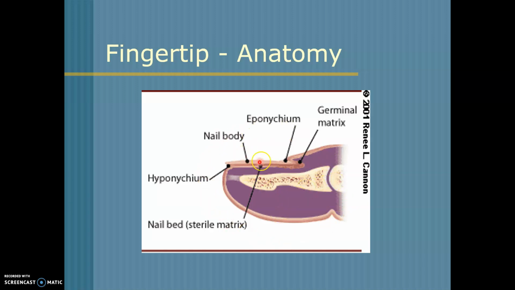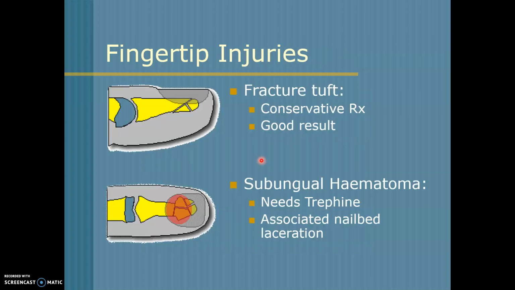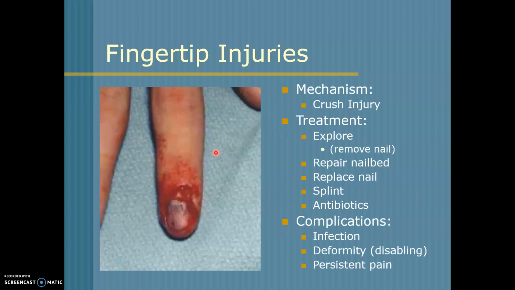You also need to know a little bit about amputations of the fingertip. With a fracture of the tuft, you may get subungual hematomas, which need to be trephined because they can be very painful. Of course, if it's fractured, you need antibiotics as well.